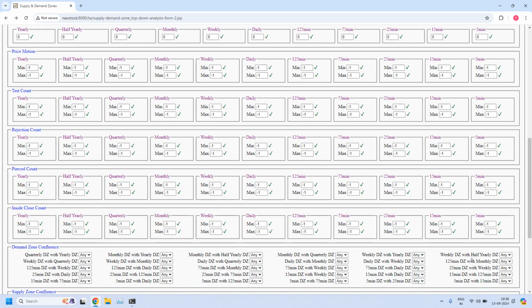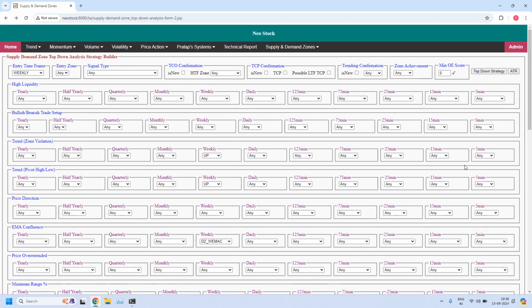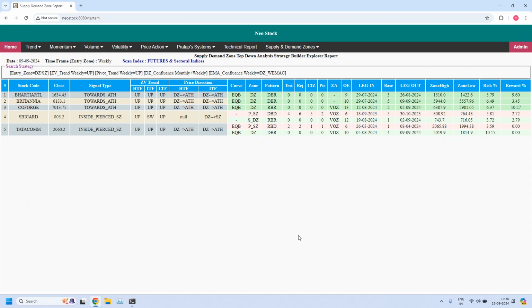Demand zone confluence, that is weekly demand zone with monthly demand zone confluence. I am enabling. Let's filter from the 37. 5 stocks. These 5 stocks weekly zones are part of the monthly zone and also having weekly EMA confluence.